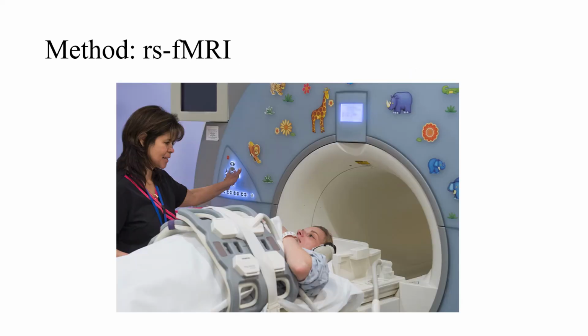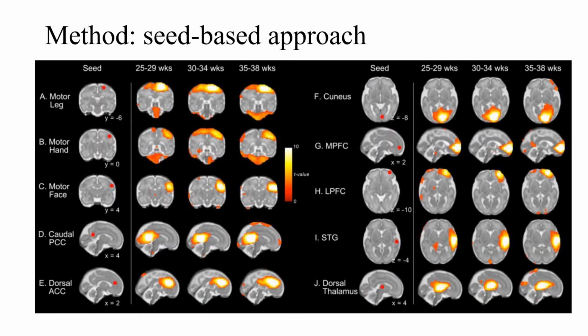fMRI was used, so they placed a flex coil around mother's abdomen, approximately around fetal head, and this coil helped receive the BOLD signal from the body, and it also helped to obtain the high quality images. After they got the desired image, a seed-based approach was used to quantify the correlation between the BOLD signals in different regions.